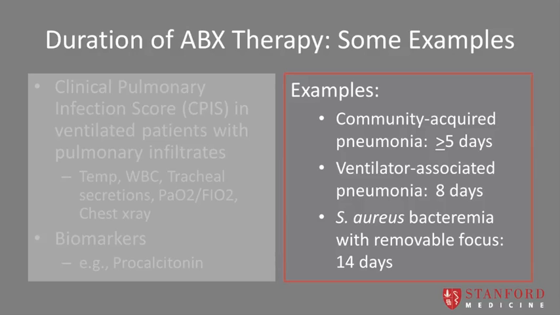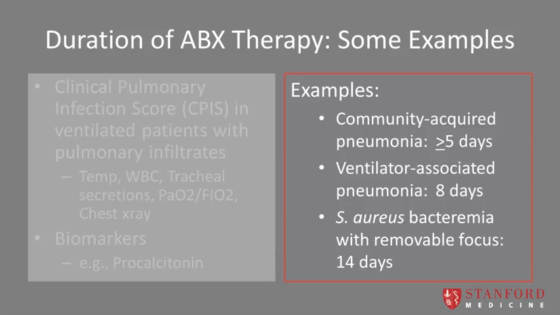So, for instance, current guidelines indicate that community-acquired pneumonia can be treated for at least 5 days. Therapy could be stopped as early as 5 days. In ventilator-associated pneumonia, in most cases, 8 days is sufficient, although there is some concern of increased risk of recurrence in patients who are infected with non-fermenting aerobic gram-negative rods such as Pseudomonas aeruginosa.